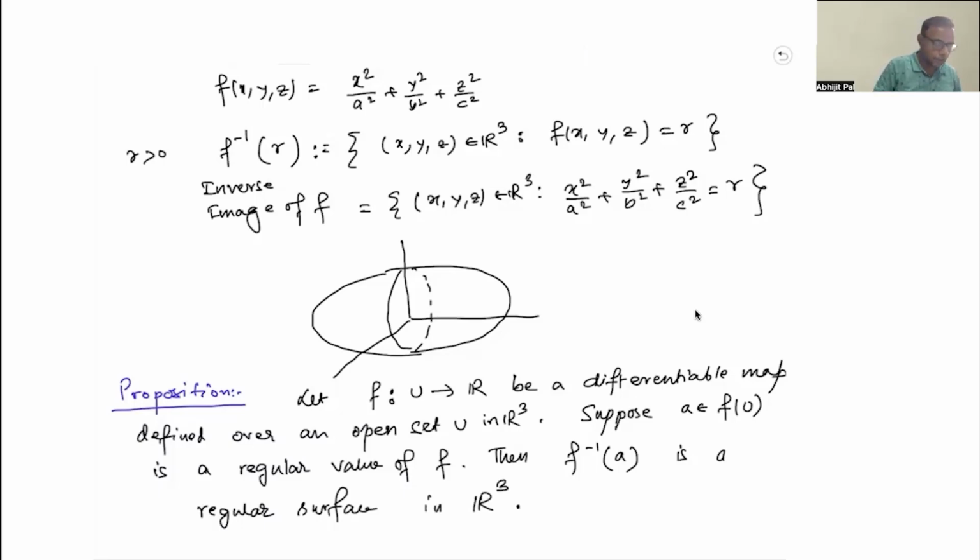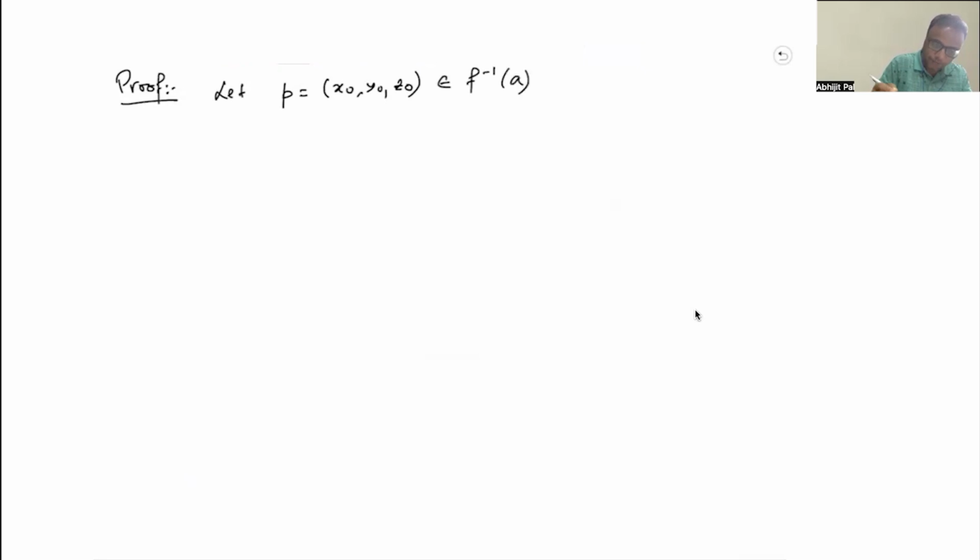Okay, so how do you show this thing? How do you prove this? Let us take any arbitrary point in this f inverse of a. So let P equal to (x naught, y naught, z naught) belong to f inverse of a.